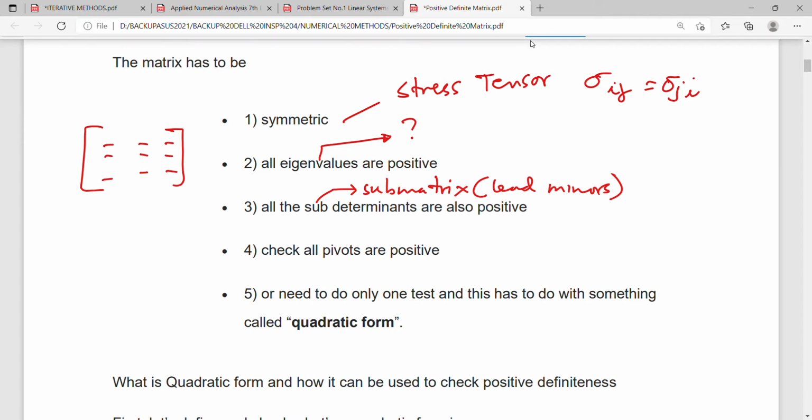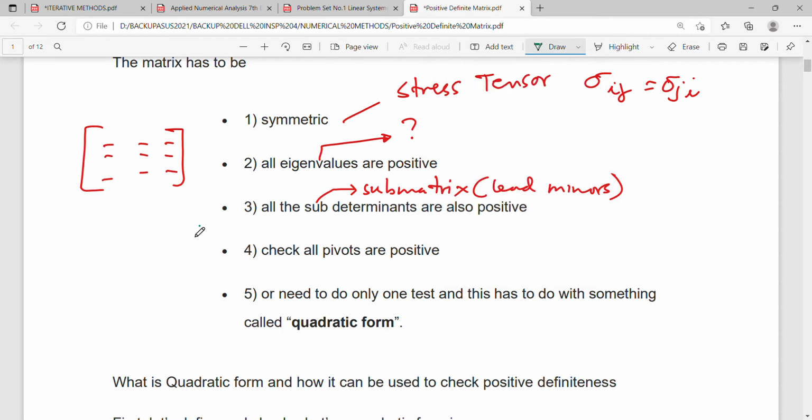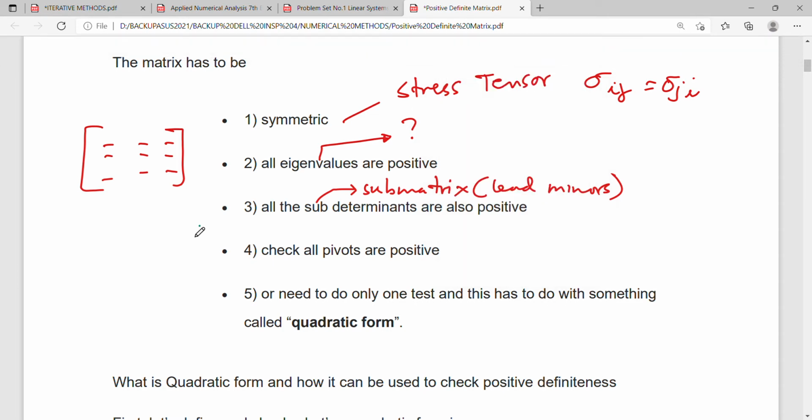The leading minors normally are those submatrices, including the whole matrix, the regular matrix, and the submatrices involving a diagonal at the upper left. This is a submatrix which is a leading minor of the matrix. It has the diagonal on the upper left.